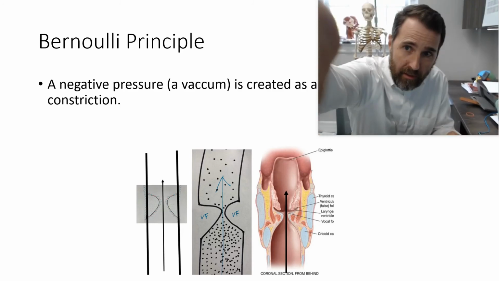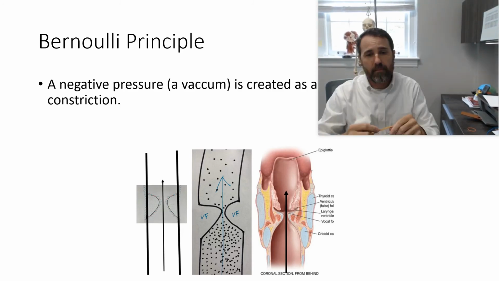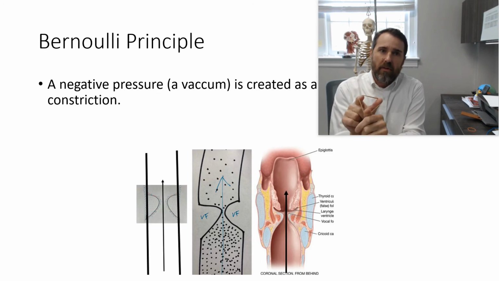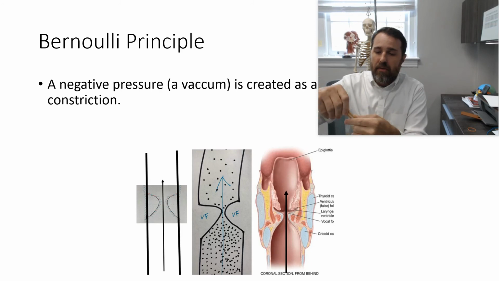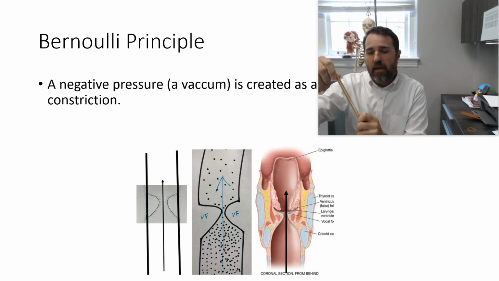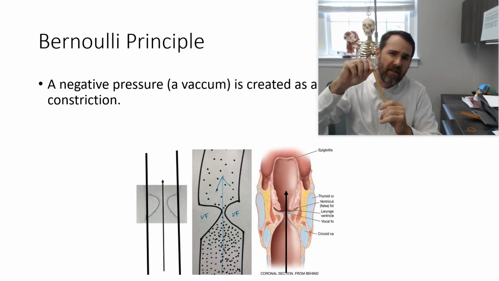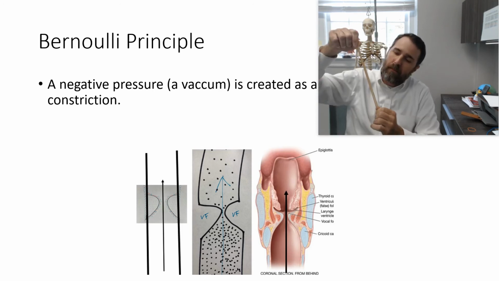Last issue we're going to talk about is the Bernoulli principle. So before we talk about Bernoulli, I have to address that when the vocal folds are abducted, they're very far apart. No vibration is happening. And then when the vocal folds are adducted, they're brought together. And when they're brought together for phonation, it is the pushing of air between them that makes them vibrate.